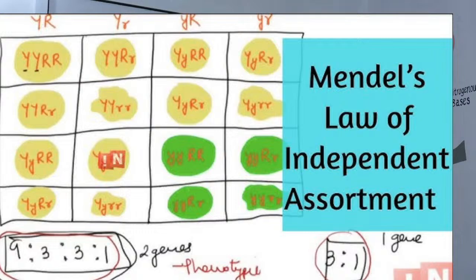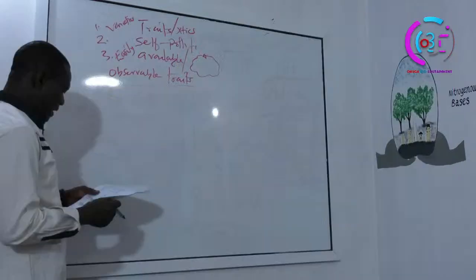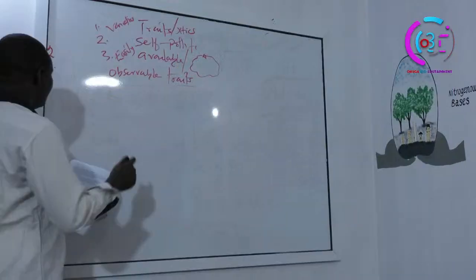Now let's go to the stem. We have considered the characteristics of the seed, that of the flower, and the pod. So let's go to the stem of the garden pea plant as it was observed and used by Gregor Mendel.